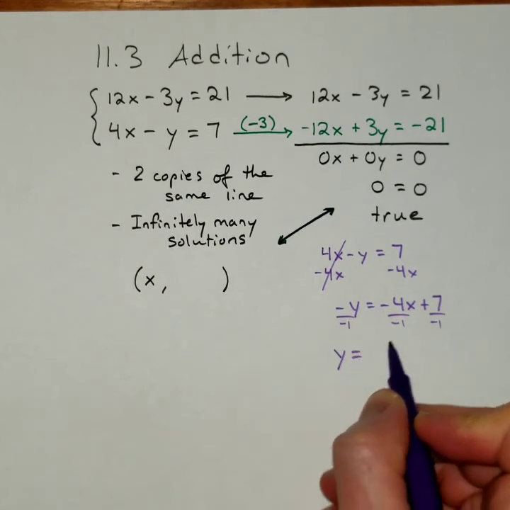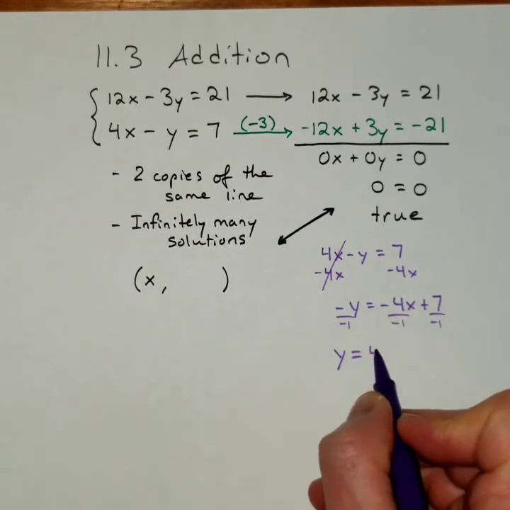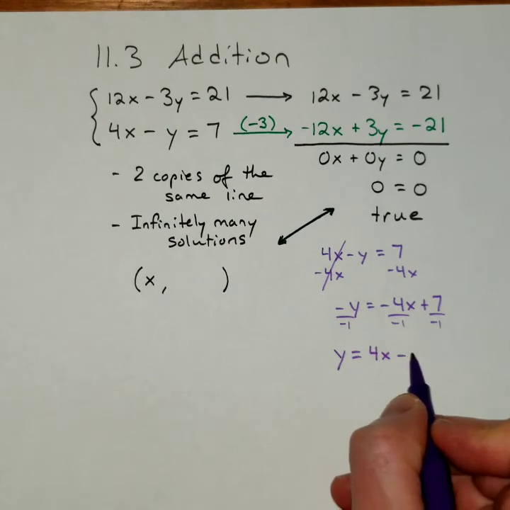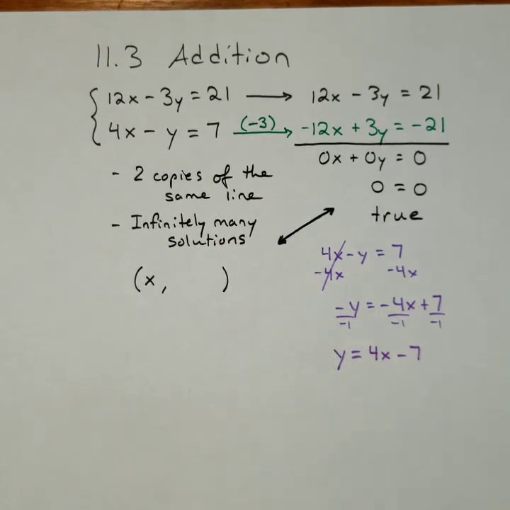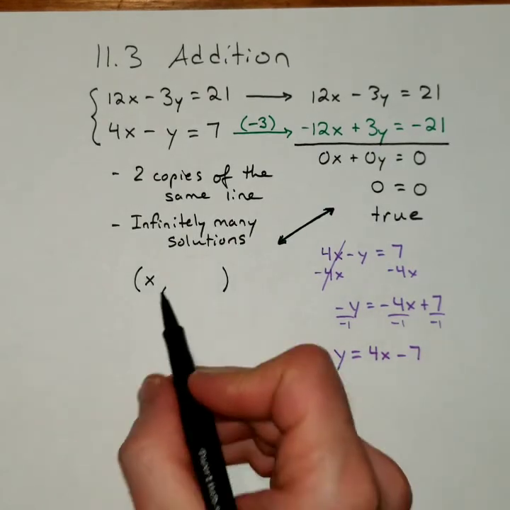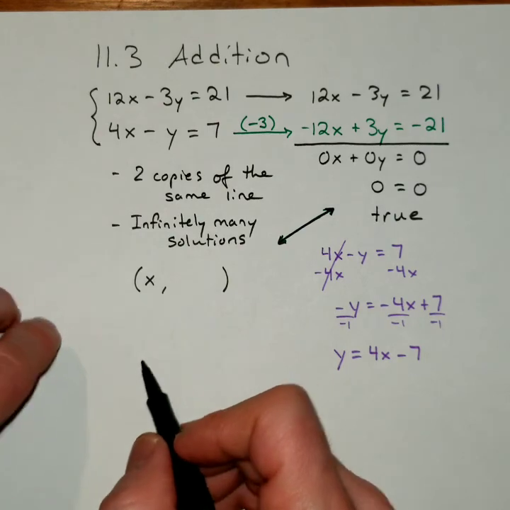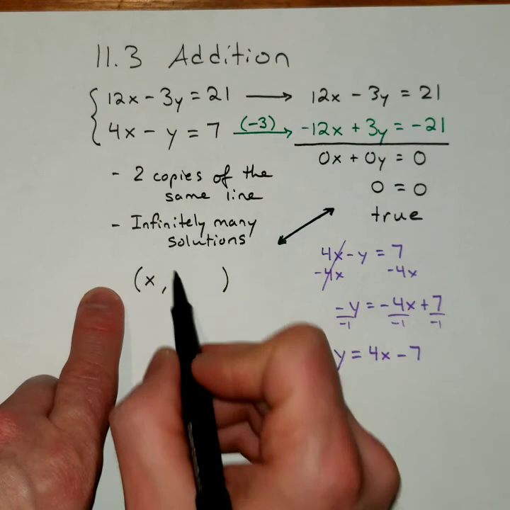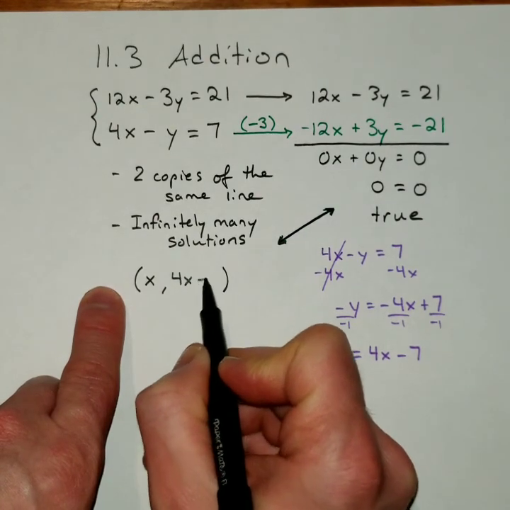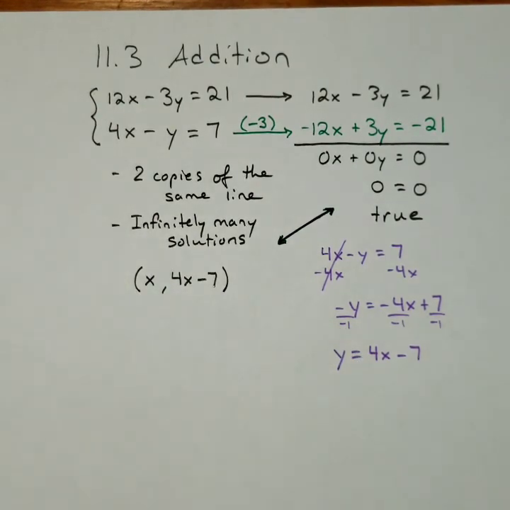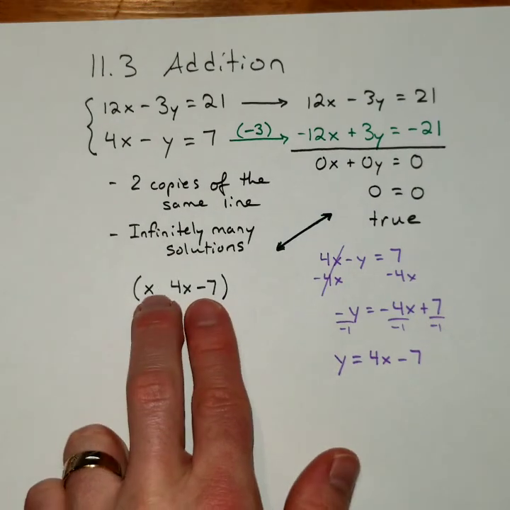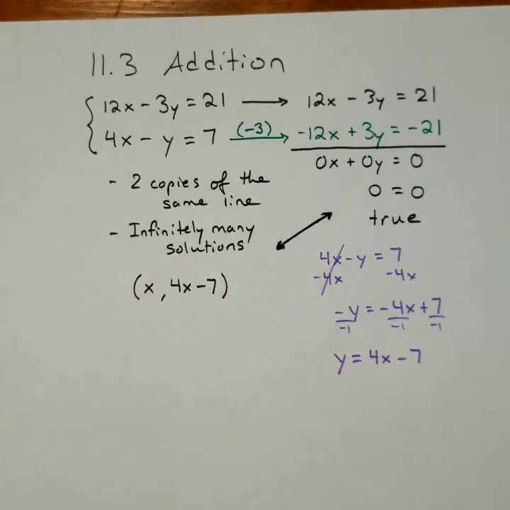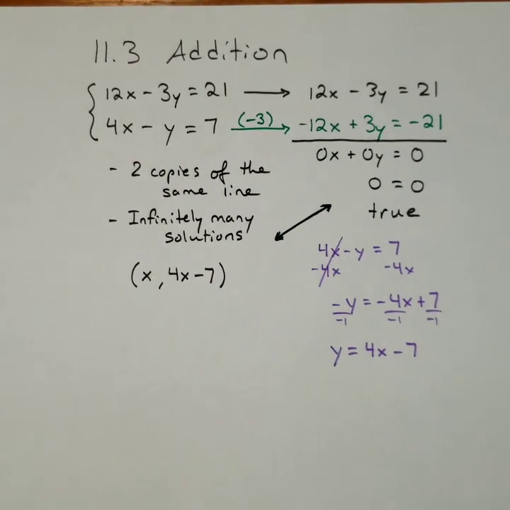So this becomes y, this becomes positive 4x, and this becomes a minus 7. So our final solution then is going to be all points of the form x comma 4x minus 7. And as long as your points satisfy that condition, it will be a solution to the system.